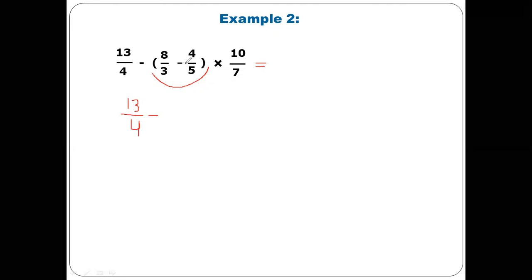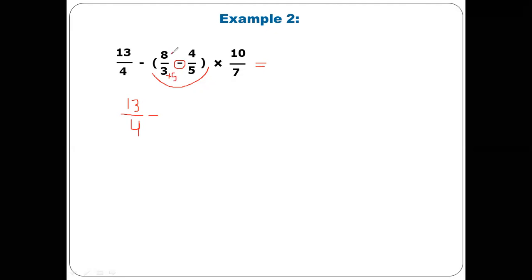In order to subtract the fractions inside the parentheses, I should make same denominator. So the common denominator is 15.